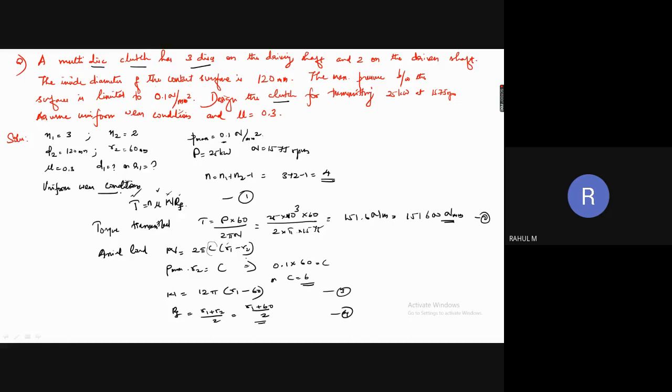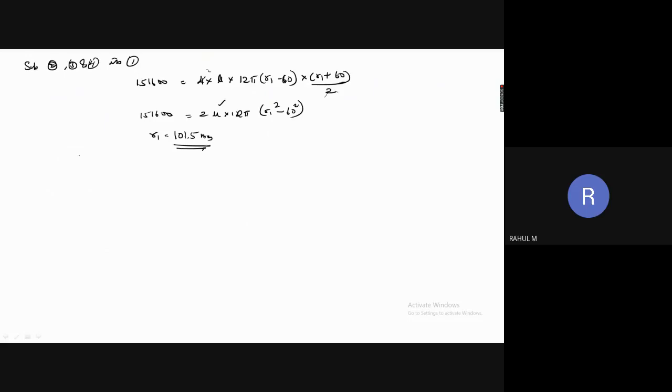So you can write the problem. A multiple disc clutch has five plates having four pairs of active friction surfaces.